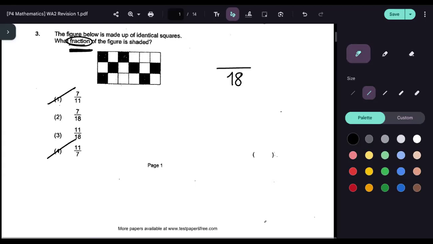Now comes 2 and 3. Which one do I choose? Next, count those that are shaded. Shaded means those that are in black. How many are in black? We have 1, 2, 3, 4, 5, 6, 7. Answer is 7/18. Answer 2.